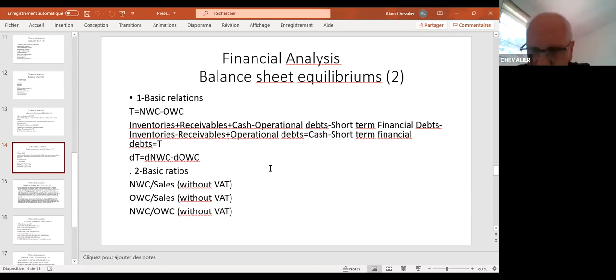And if you have a look, and we'll come back later on that case, to the balance sheet of the distribution sector, you understand that part of the investment is financed by the operating working capital.